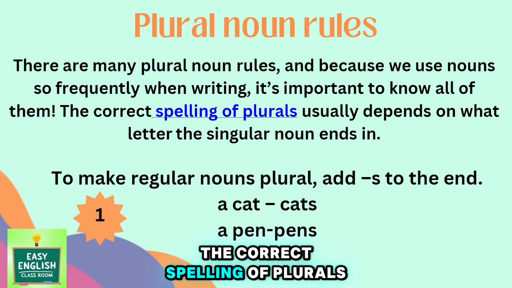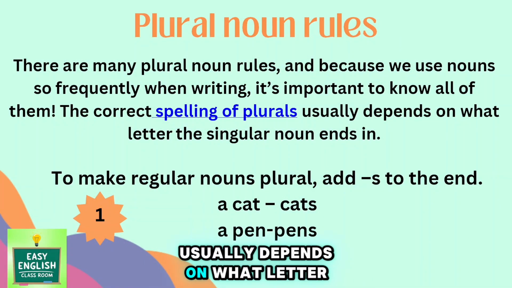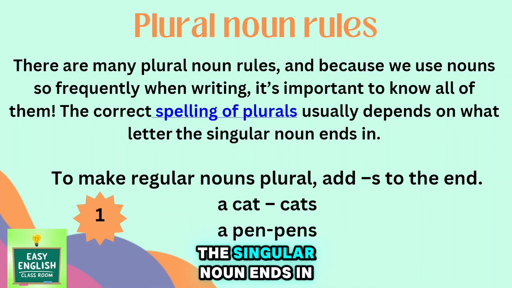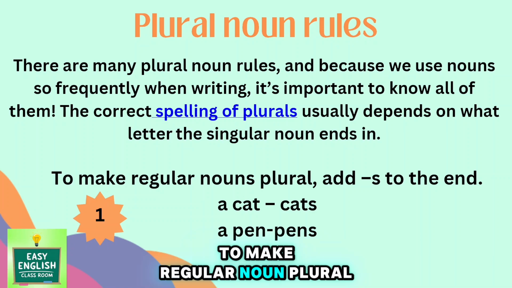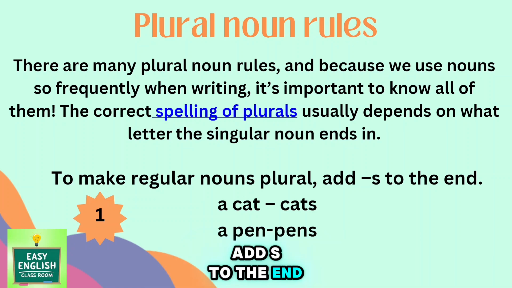The correct spelling of plurals usually depends on what letter the singular noun ends in. To make a regular noun plural, add s to the end. For example, a cat, cats, a pen, pens.